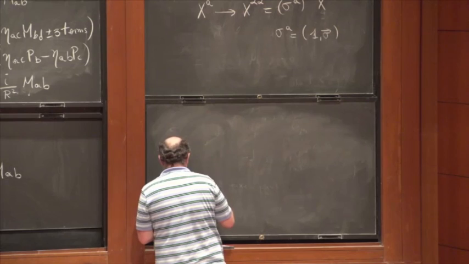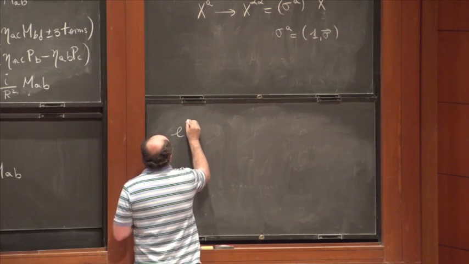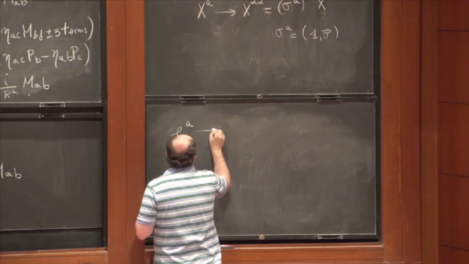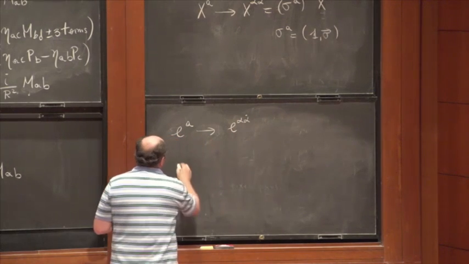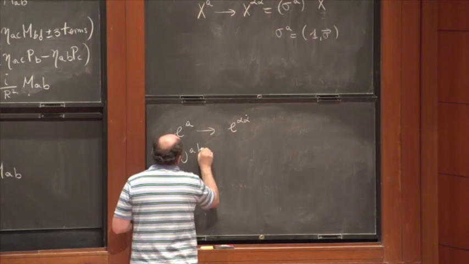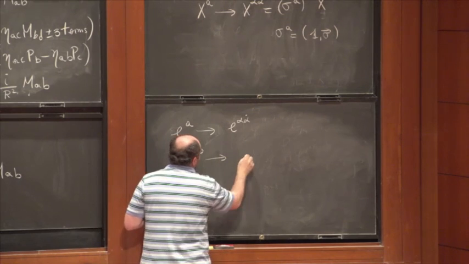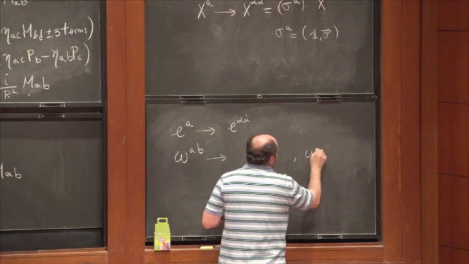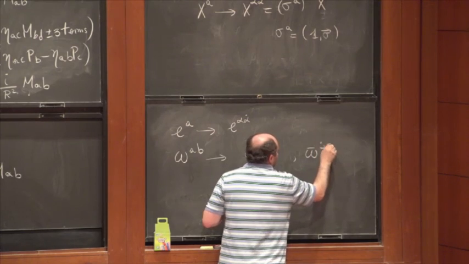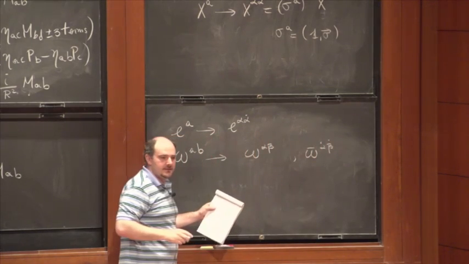So if we use these notations, okay, the vielbein, which I was writing as E_A, will be E_{alpha alpha dot}, and the antisymmetric tensor omega_AB will split into omega_{alpha beta} and omega bar_{alpha dot beta dot}, where this is totally symmetric.